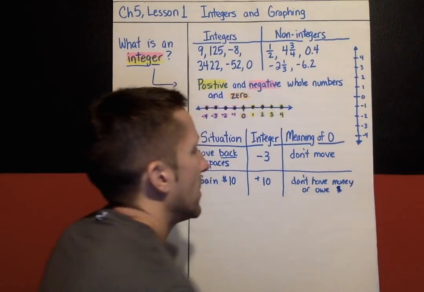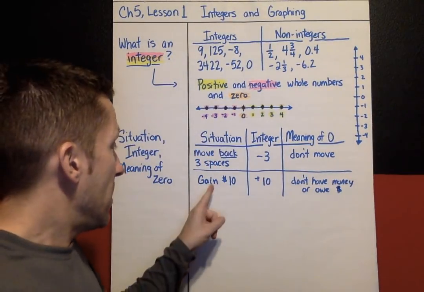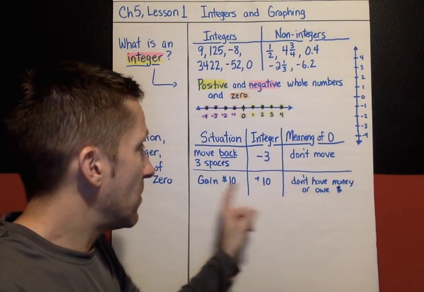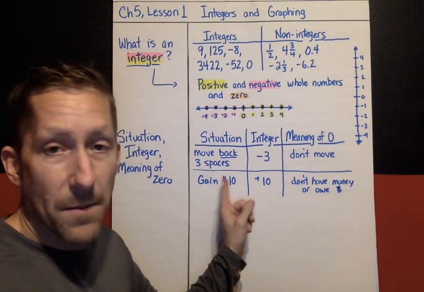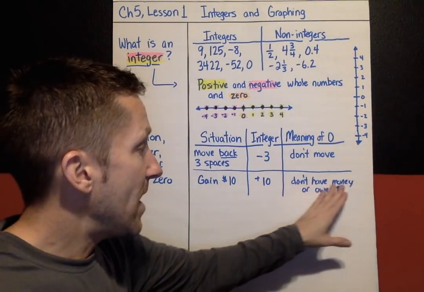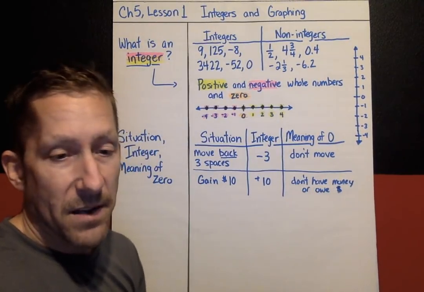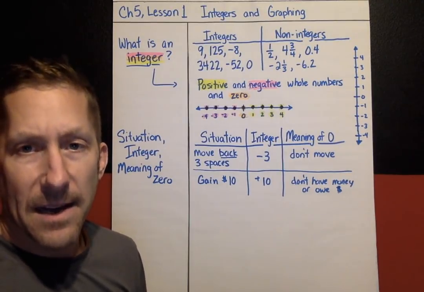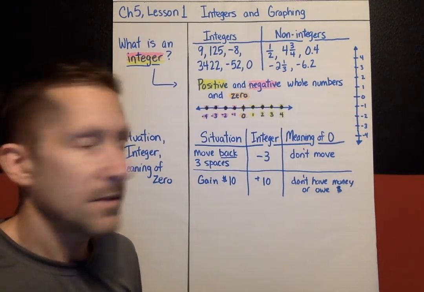And I'll use a dollar sign to abbreviate money. So a gain of $10 would be a positive 10. The meaning of 0 in this situation, talking about money, would be you don't have any money and you don't owe any money. Okay? So there are lots and lots of real life examples.